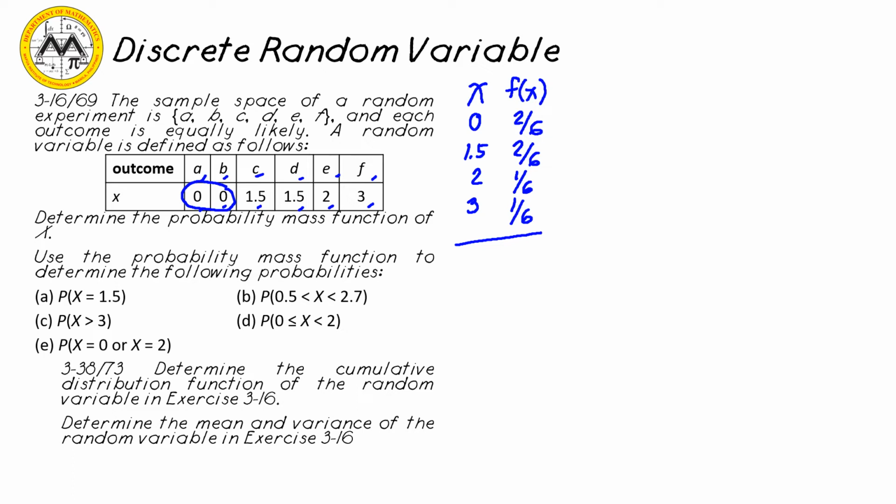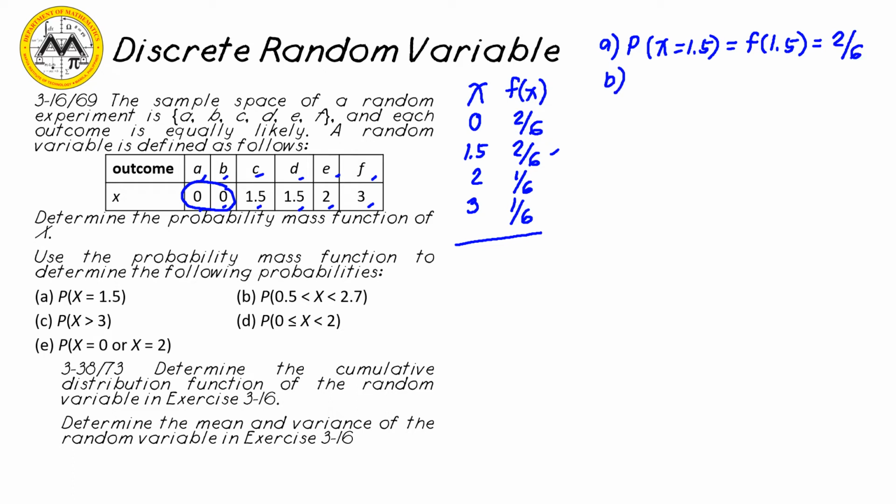Use the probability mass function to evaluate the following. Letter A. What is the probability that x is equal to 1.5? The probability that x is equal to 1.5 is f of 1.5, and that is 2 over 6, which you can simplify as 1 over 3.